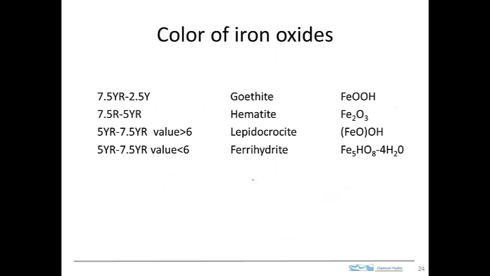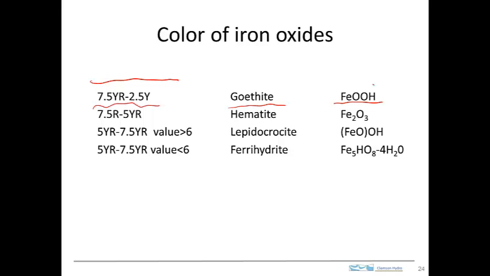Now the Munsell color is going to be an important way to just communicate the color of the soil, but we can also use it as an indicator of the characteristics of the soil, or in this case, the speciation of the iron minerals. This is the Munsell hue, and this hue is indicative of this iron oxide mineral. And here's the formula.